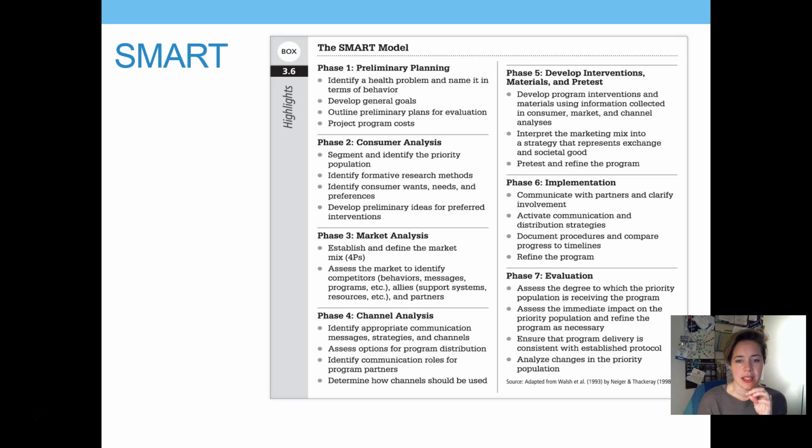So here you're assessing the market to identify competitors. So behavior, when you think of a needs assessment, so let's say we're working on STI prevention, using a health promotion effort, there might be competing messages, there might be competing organizations who have the same message. Ideally, that's not the case.